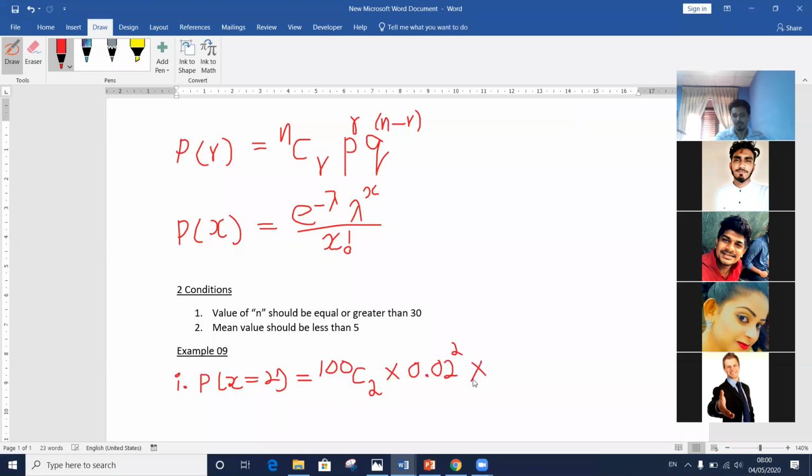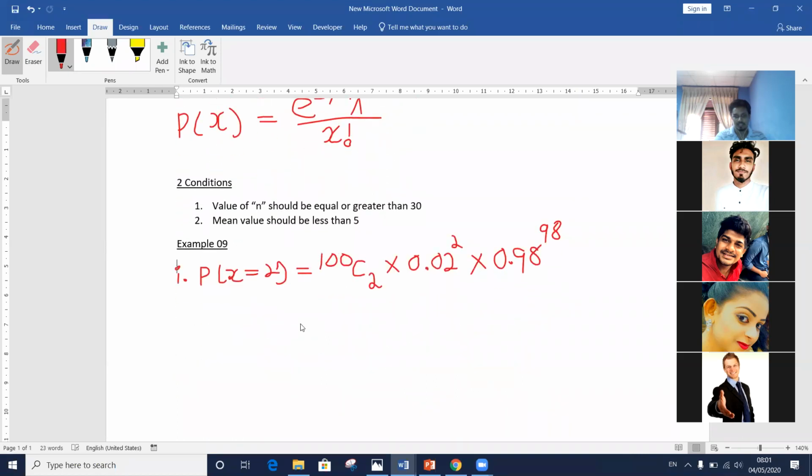Into, now what is the q value? If p value is 0.02, what should be the q value? 0.98. Yes. Always p value plus q value should be equal to 1, right? 0.98 to the power n minus r. n value is 100, r value is 2, 100 minus 2, it means 98.